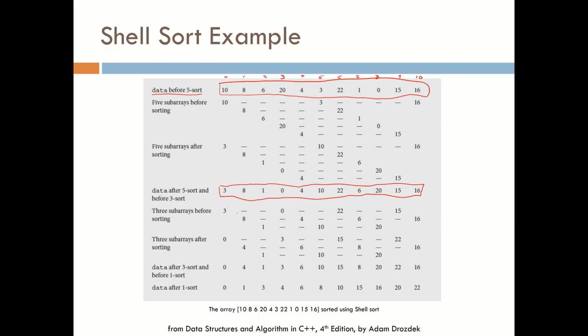If I bring everything down, I've moved the 0 now, so it's here. Here's a 4. Here's a 1. Here's the 3. Here's the 6. Here's the 10. Here's the 15, the 8, the 20, the 22, and the 16. And at this point, after the 3 sort, my data looks like this.